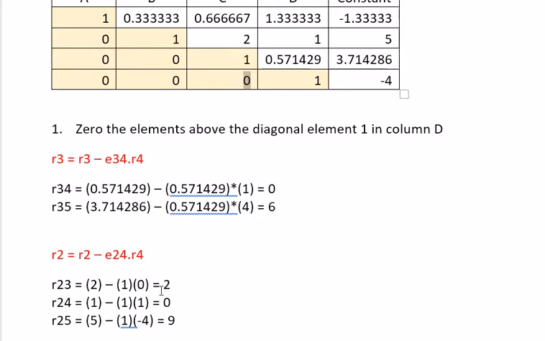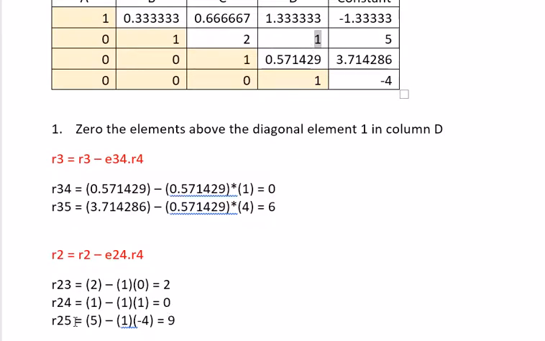So that is 2. Then R24 is equal to 1 minus 1 times 1, that is equal to 0.